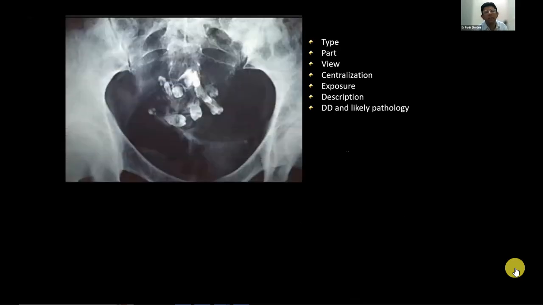Yes. Now, can anybody tell me, what is this? Foreign body. Okay. What is it looking like?